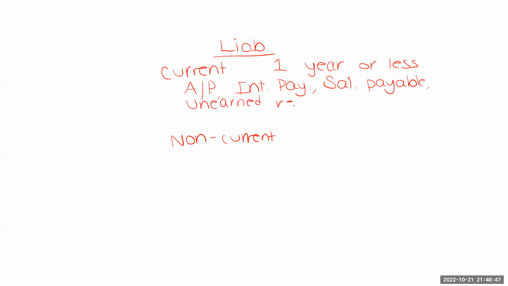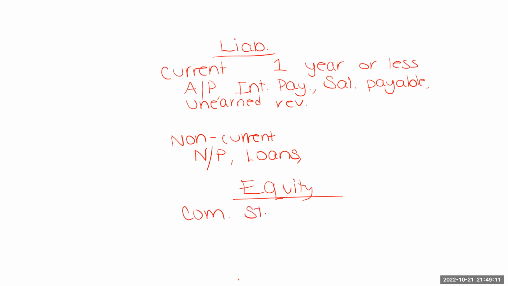All right, non-current liabilities, anything that is going to come due in 1 year or more than 1 year's time. Examples are notes payable, loans. Those are your more common ones. All right, and then we move on to equity. Equity doesn't change. It's still made up of the 2 items as before, common stock and retained earnings.